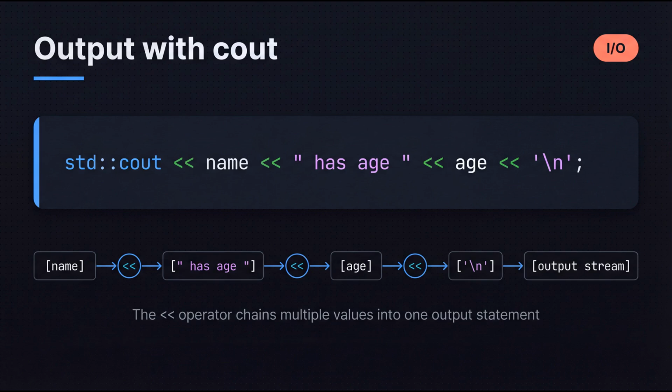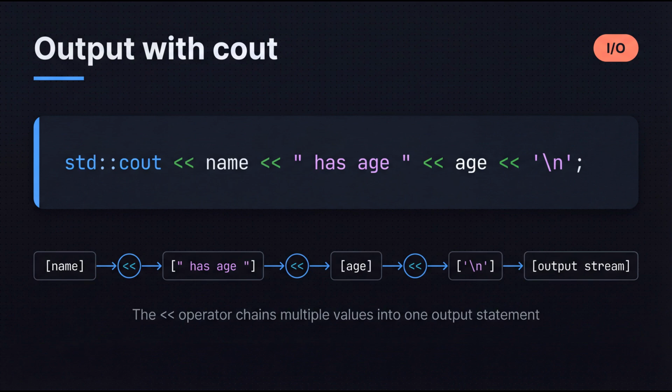To print values to the screen, you use std::cout with the insertion operator, the double less than sign. You can chain multiple values in one statement. For example, std::cout, shift left, name, shift left, "has age", shift left, age, shift left, "\n".